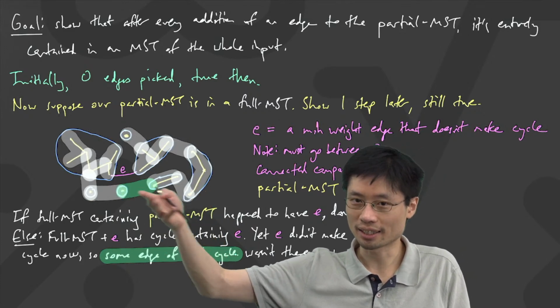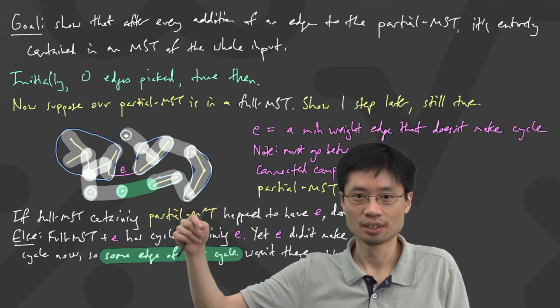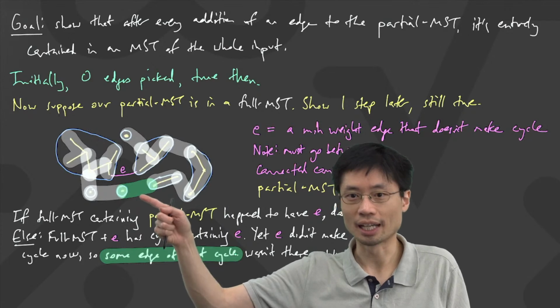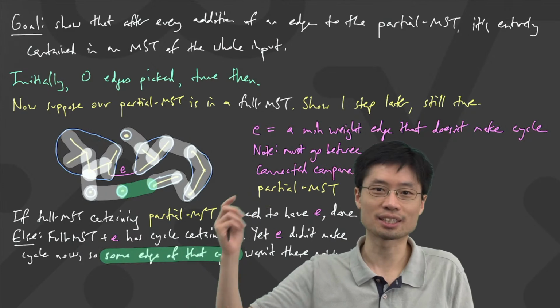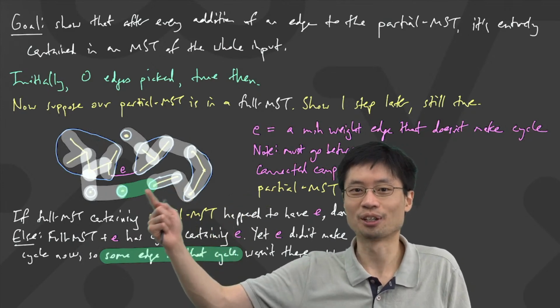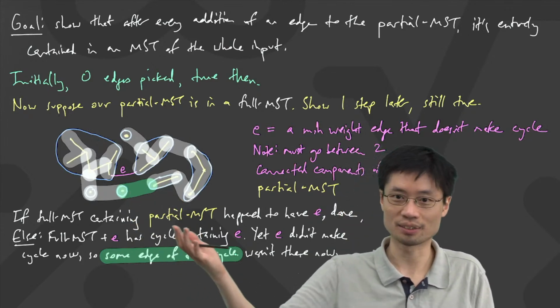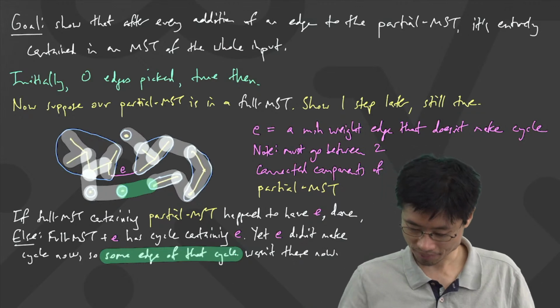And furthermore, that thing entirely contains the yellow stuff. So that means that the yellow stuff plus the green thing has no cycles. In fact, the yellow stuff plus the green thing plus all the white stuff still has no cycles. Therefore, obviously, if I just take part of it, like the yellow stuff plus the green thing, I still have no cycles. So that's how that part works, right?